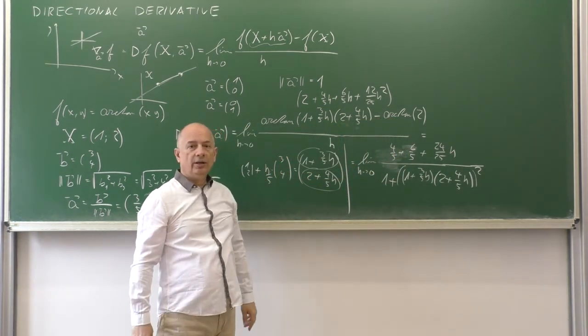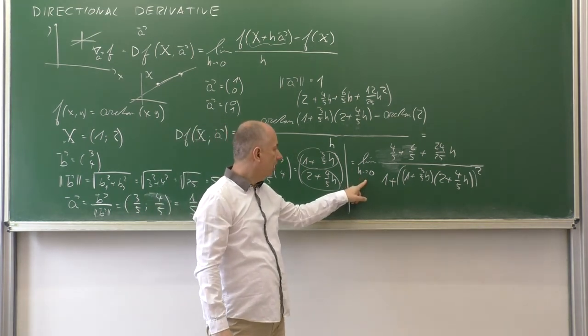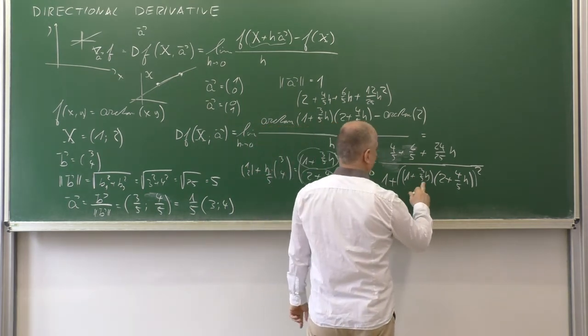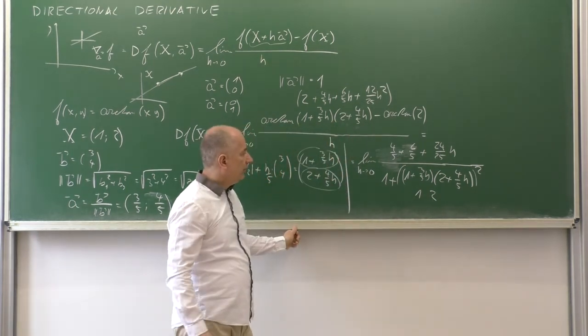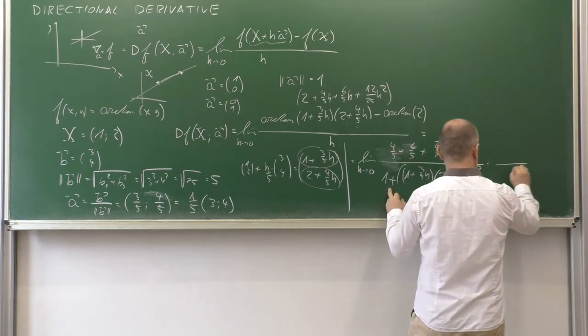Well, and this is already a continuous function, so the limit exists and is equal to the function value. And when we put h equals 0, here we have 1 times 2, which is 2, plus 1 is 3.